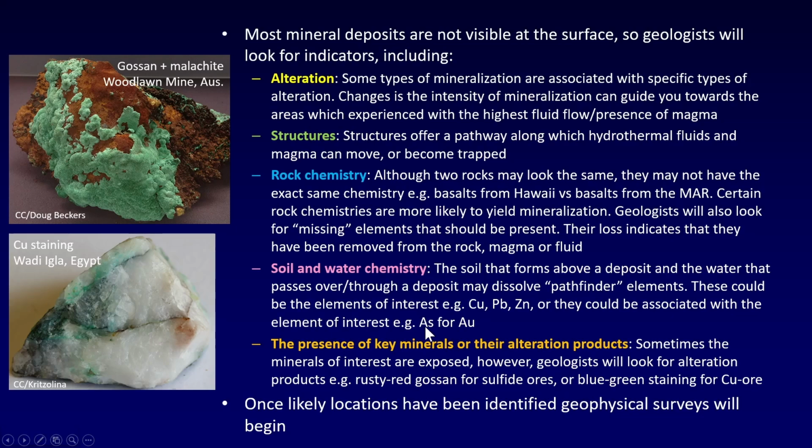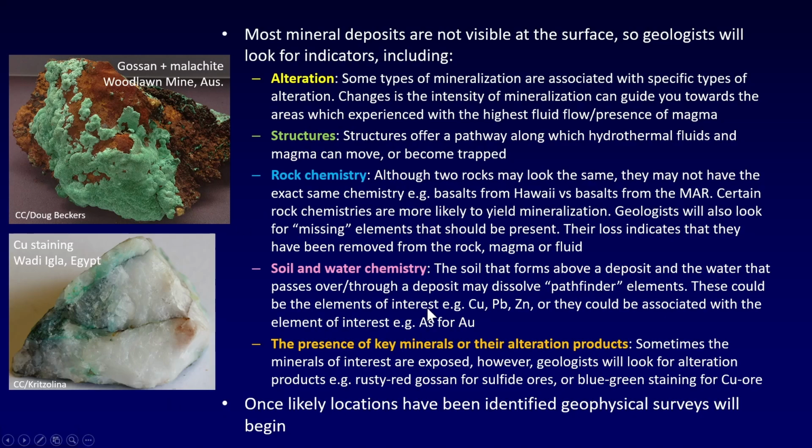You're going to look for these elements in your data set and say, right, if I look at these water samples as I go upstream, I can see the amount of copper in the water increasing. That tells me we are more likely to have mineralization going upstream on this river.